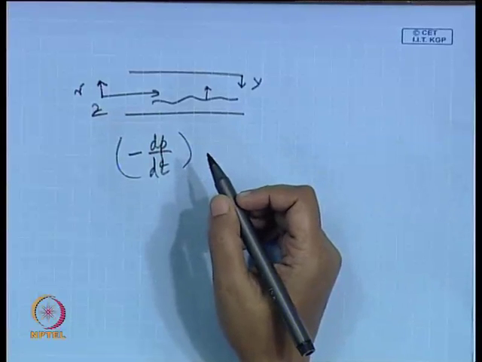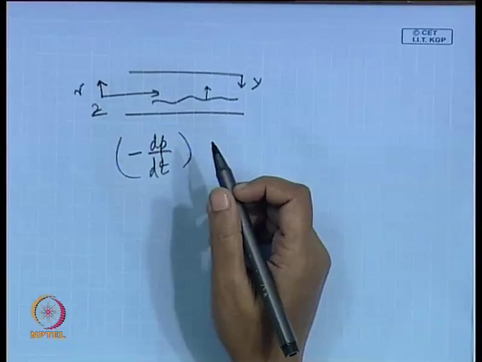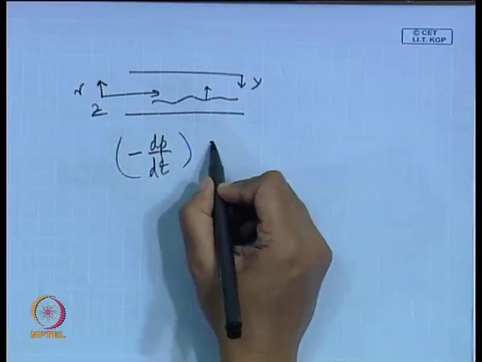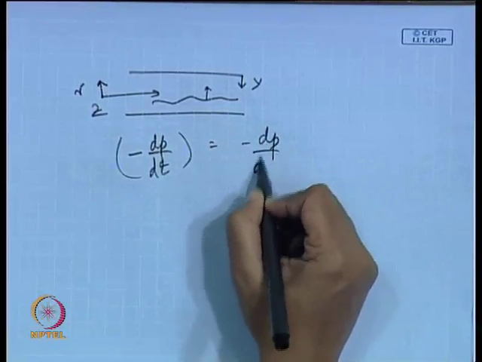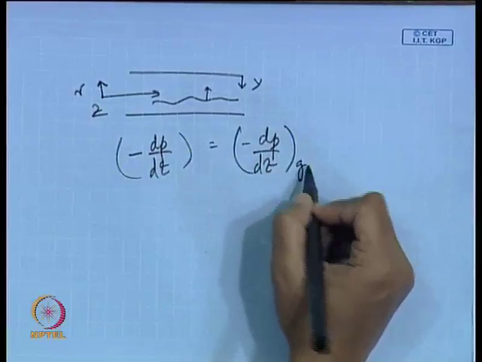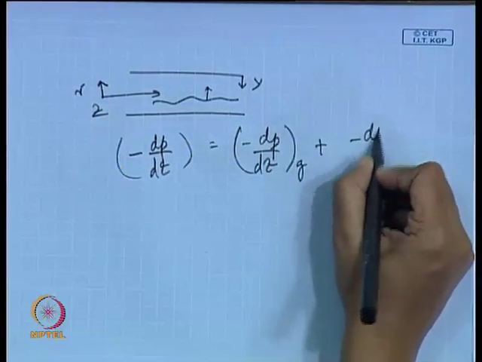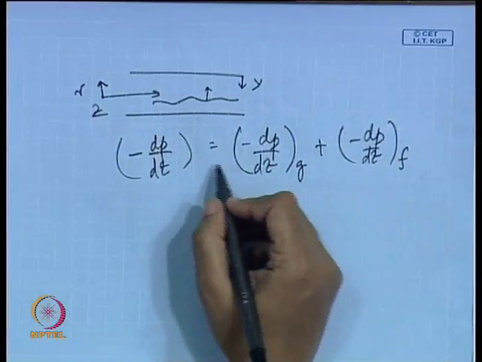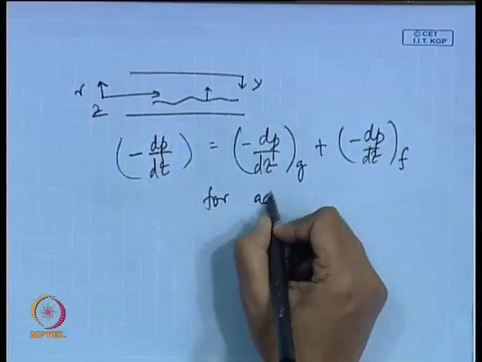Now, we knew that minus dp/dz, for single phase flow, comprises the gravitational pressure gradient and the frictional pressure gradient, for adiabatic equilibrium flows.